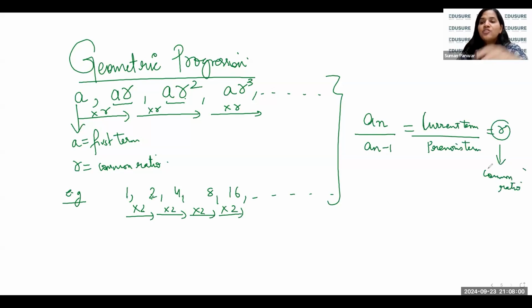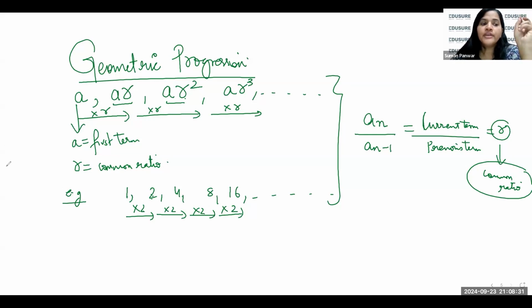This common ratio can be more than 1, it can be less than 1, it can be positive, it can be negative. If it is 1, again we will get a, and so on, so there is no need to discuss it. If it is 0, I'll get a, 0, 0, 0, so no need to discuss it. Generally, we are more interested in when r is greater than 1 and when r is less than 1. So that is the definition of a geometric progression.